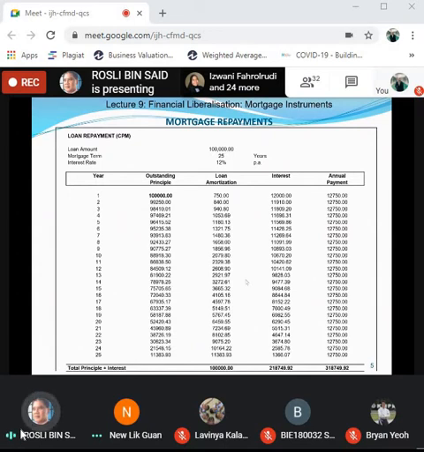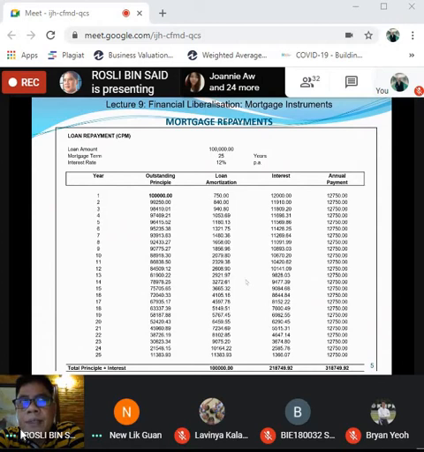But the way that we calculate is basically based on percentage per annum, because the interest rate that will be charged by the financial institution is based on a per annum basis. So that means the figure that we get here, 12,750, should also be on a per annum basis, because the interest rate is per annum.